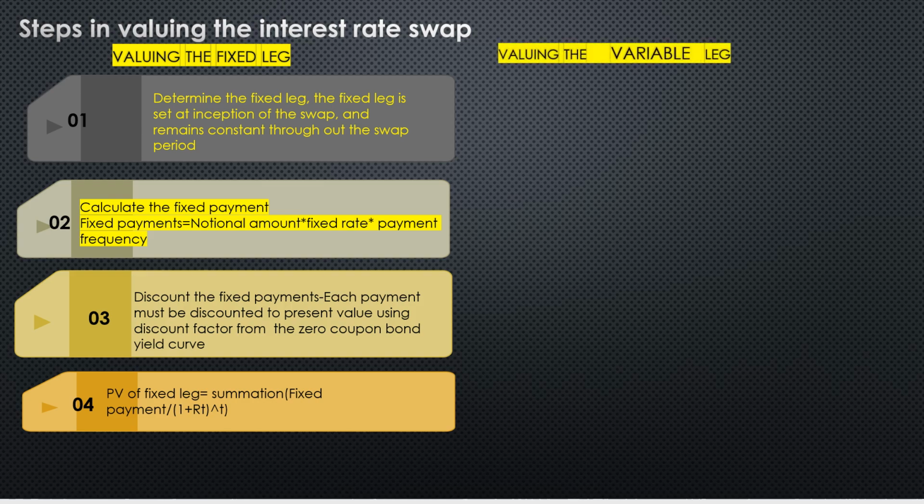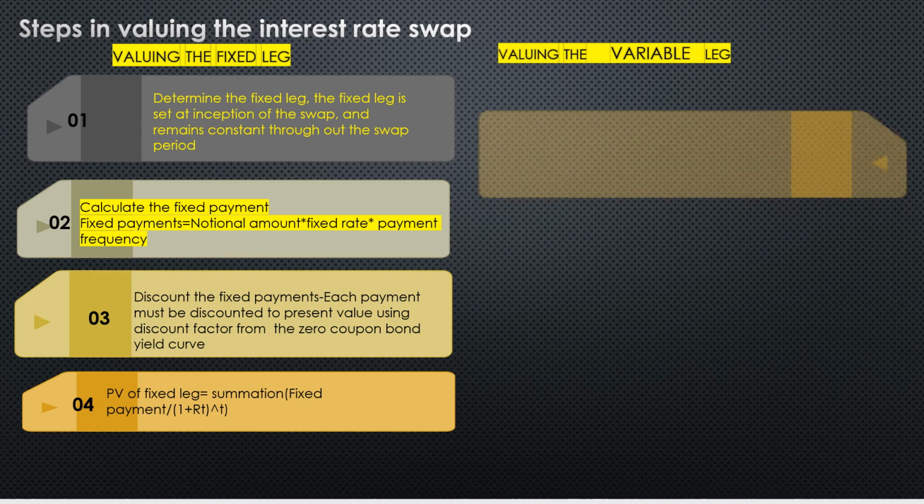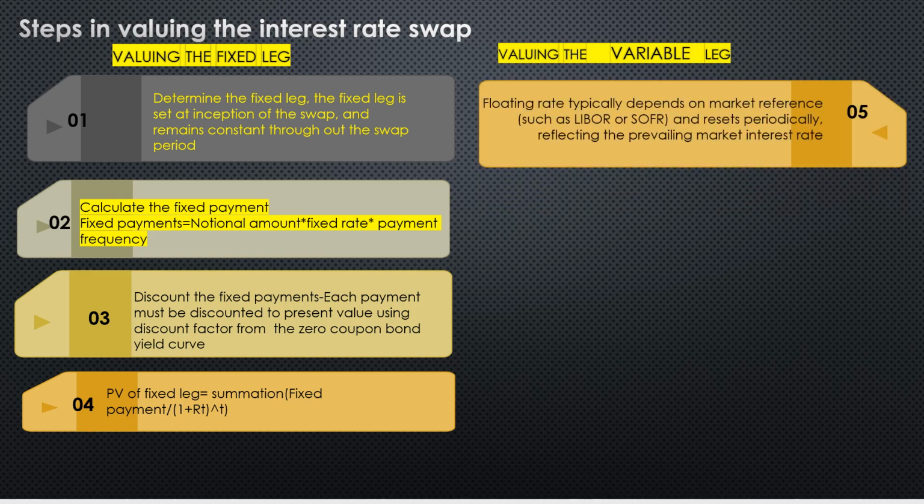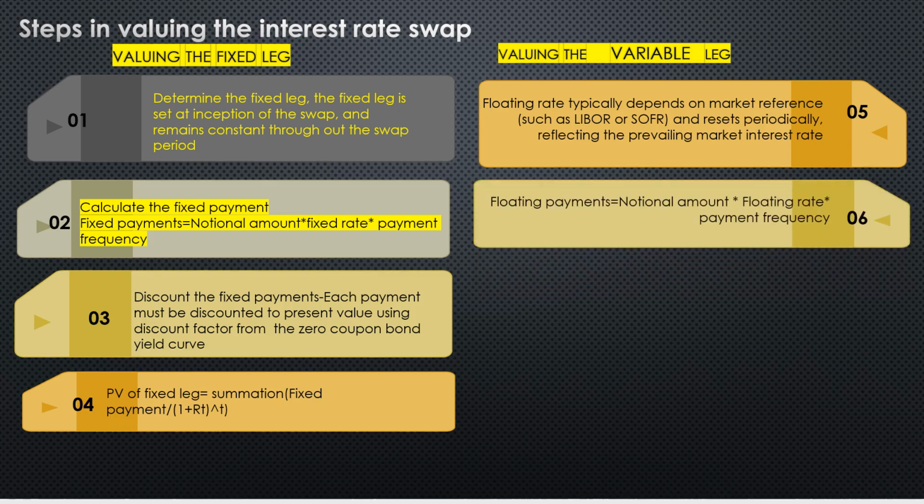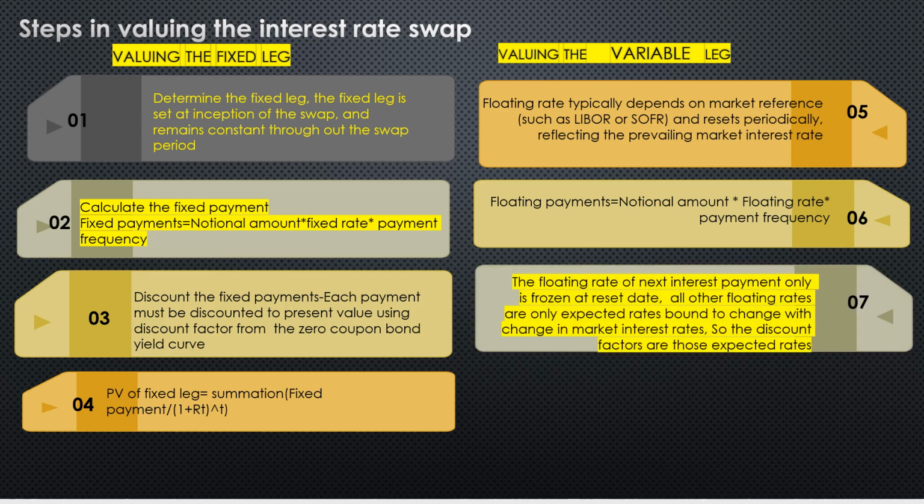Valuing the variable leg. Floating rate typically depends on a market reference such as LIBOR or SOFR and resets periodically, reflecting the prevailing market interest rate. A floating payment equals notional amount times floating rate times payment frequency. The floating rate of the next interest payment only is frozen at the reset date.